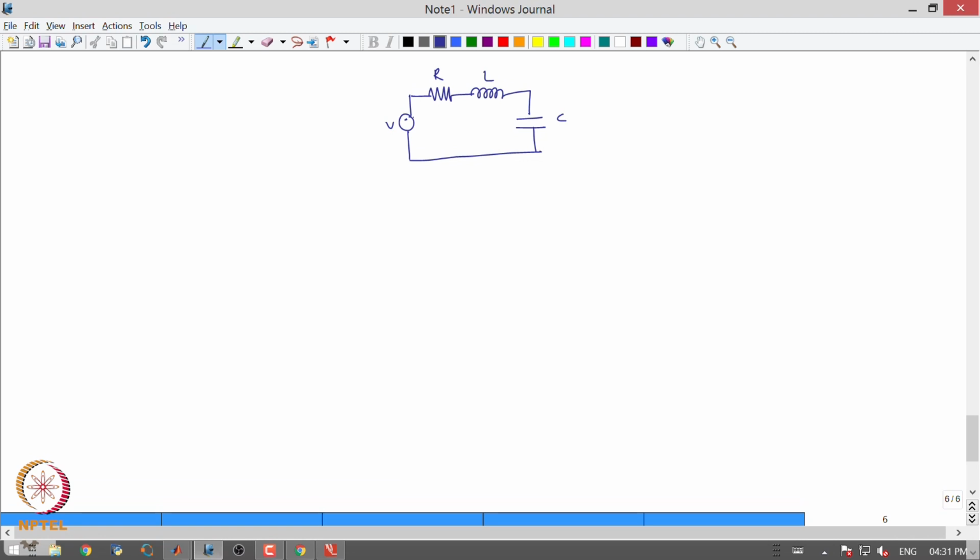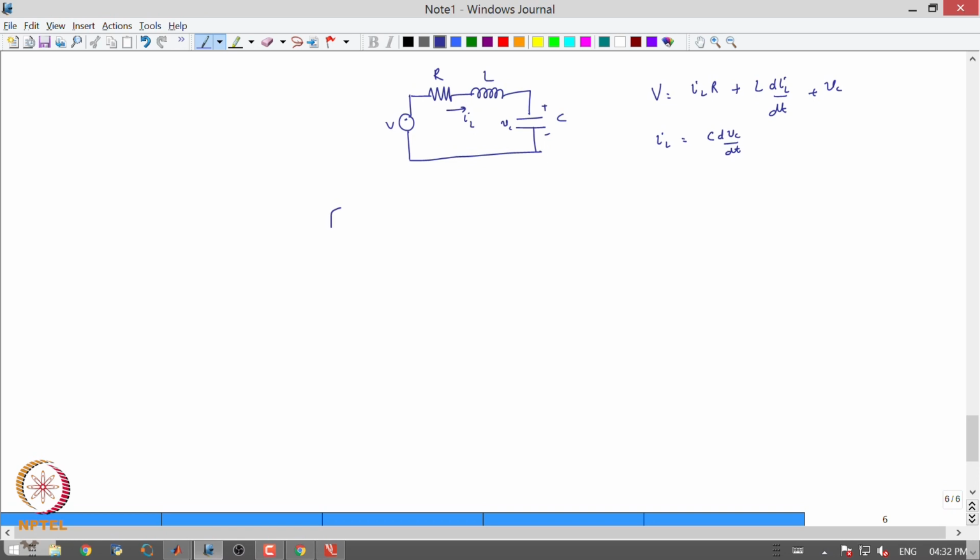Okay. So, the dynamics of this would be: let me call this current IL, and the voltage across the capacitor Vc. So, V is I R plus L dIL by dt plus Vc, and Vc is simply related to C dVc by dt.